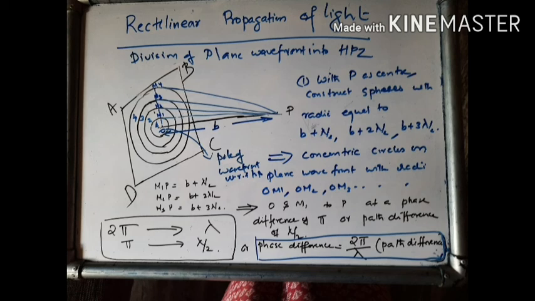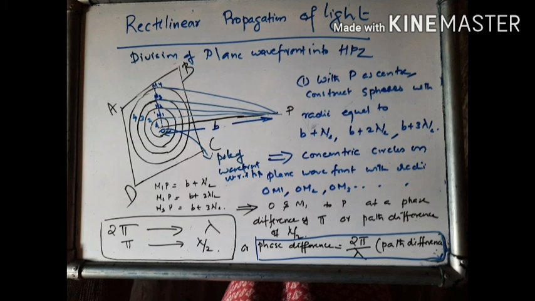In this case, we know that the secondary waves emitted from O and M1 travel through distances b and b plus lambda by 2 respectively. That means they have a path difference equal to lambda by 2. Now if we consider secondary wavelets from M1 and M2, again the distances are b plus lambda by 2 and b plus 2 lambda by 2.